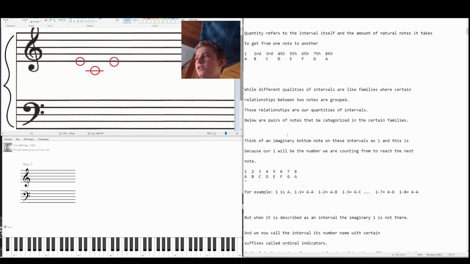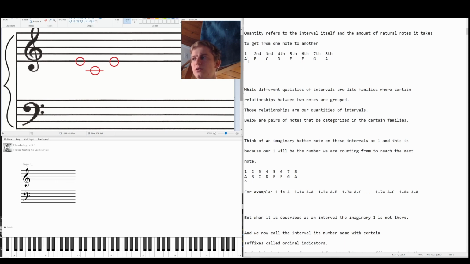So the quantity refers to the interval itself and the amount of natural notes it takes to get from one note to another. So when we're counting up quantity, we're going to use natural notes. If we want to know, let's say, an A and a B, we're going to count A and then B. With the quantity, when we're counting up natural notes, know that we start on our 1, and our first note is known as our 1.